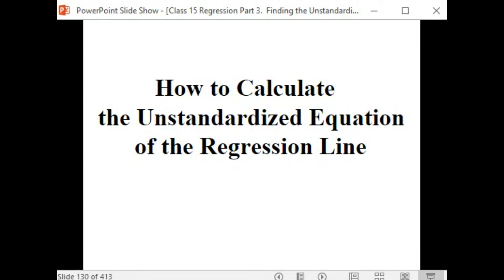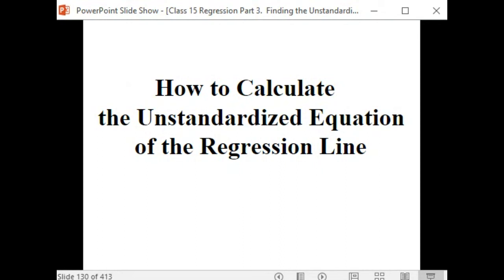Next, we're going to discuss how to calculate the unstandardized equation of the regression line. You already know how to calculate the standardized equation of the regression line. That's what the magic formula is about: the predicted z of y equals r times the z of x.